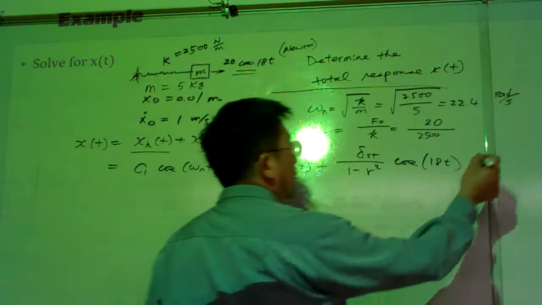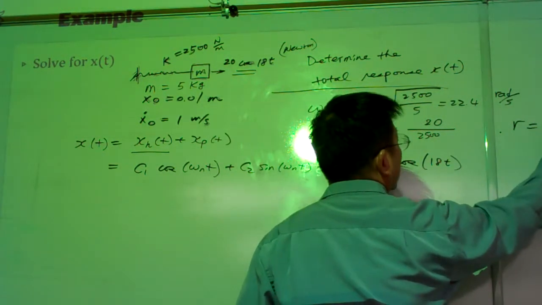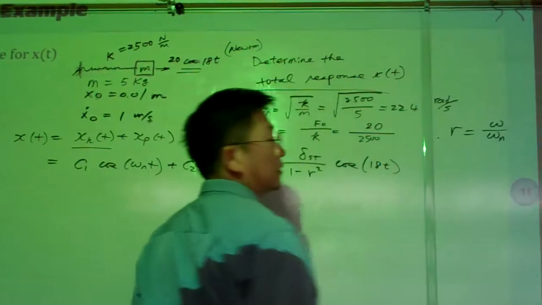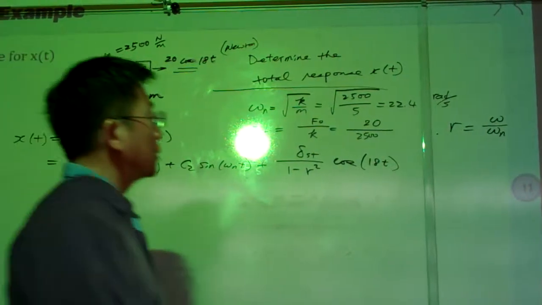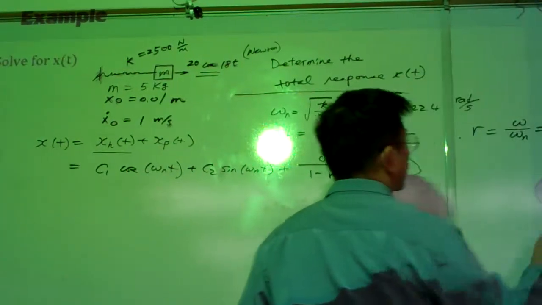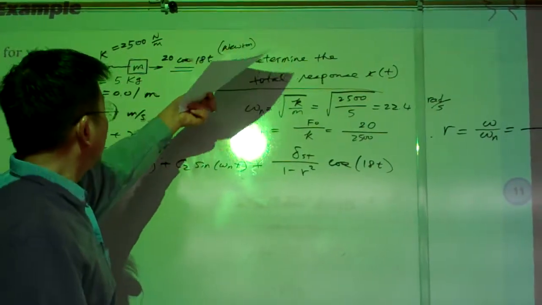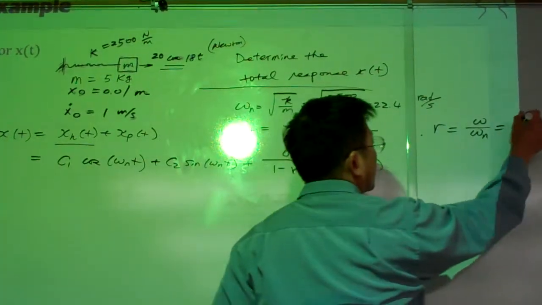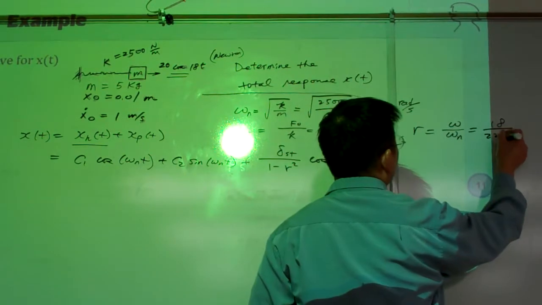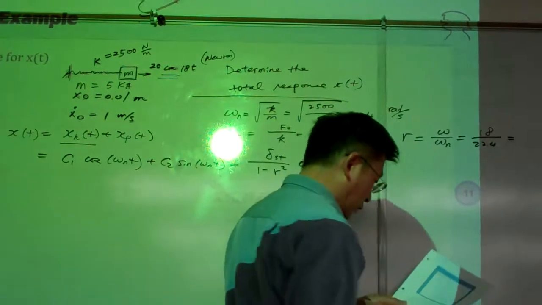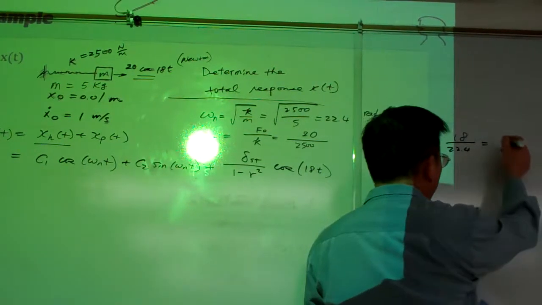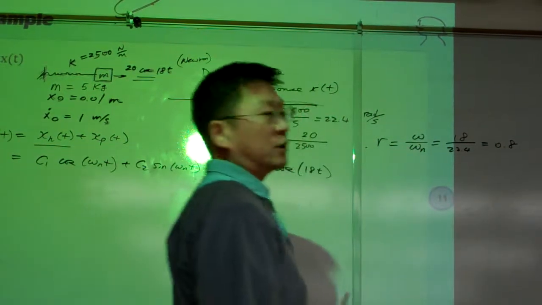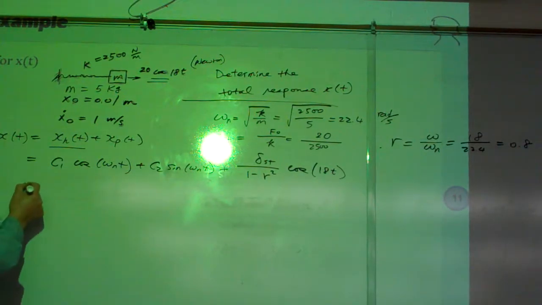Okay, and now what is r? r is the frequency ratio. So our working frequency is given here as 18, and omega n equal to 22.4. Okay, so that ratio we can calculate as 0.8. So we got all the numbers ready, so we can put into here.